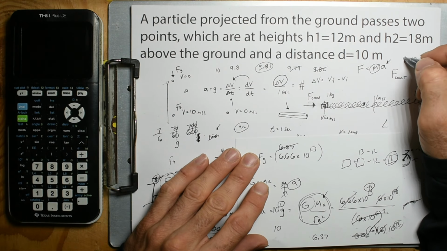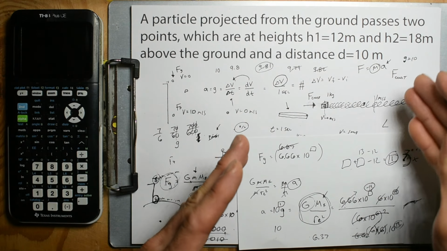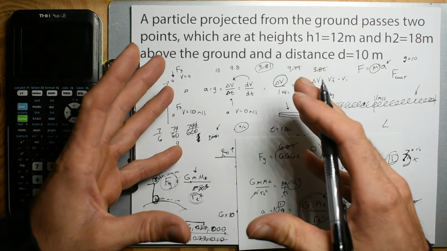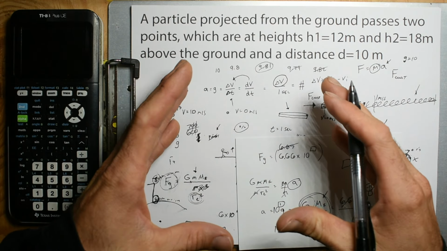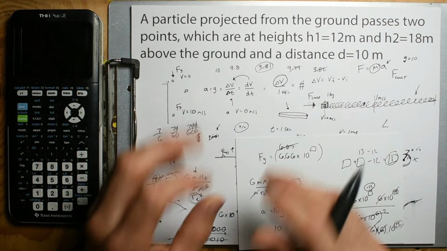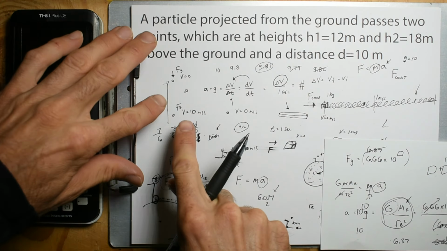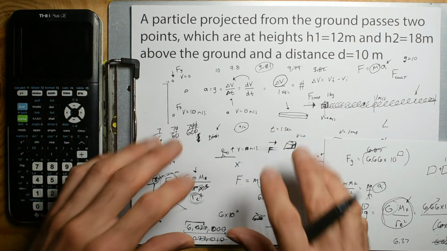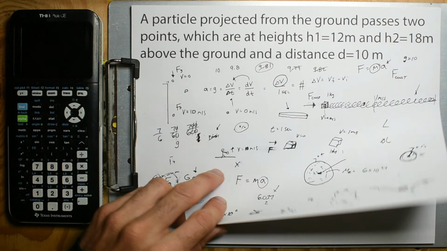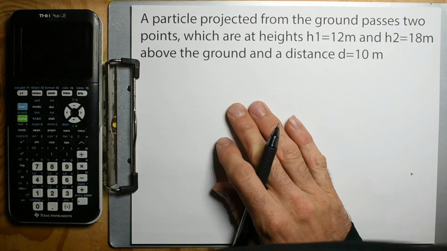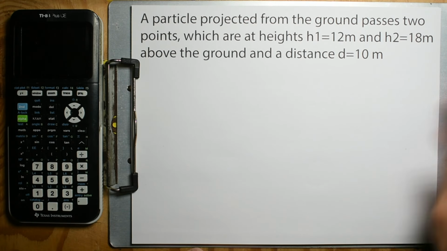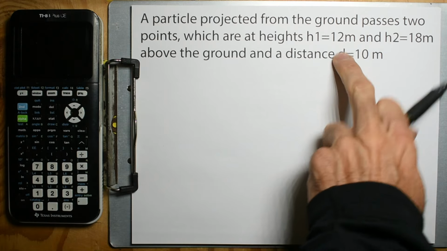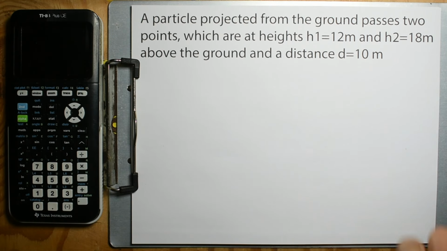So I need to get better about that. But yes, a projectile is going to have an acceleration, or a change in velocity, of 10. And we just showed that every second, the velocity of a projectile is going to change by 10 meters per second. Hell yeah. Okay, so now we can start in on the actual problem at hand.